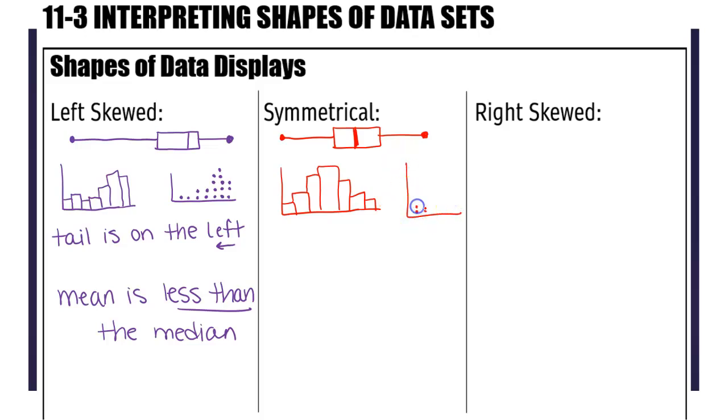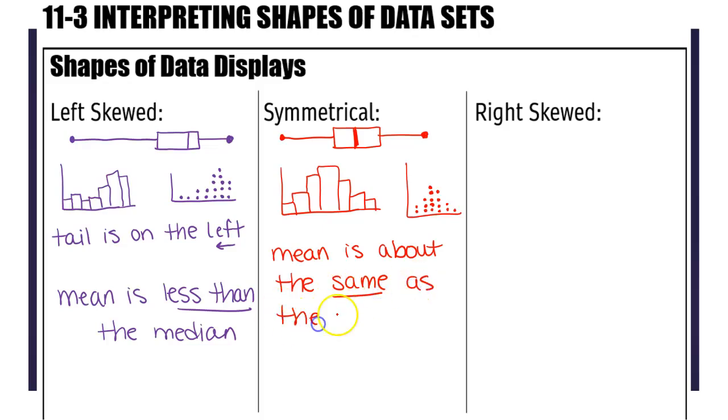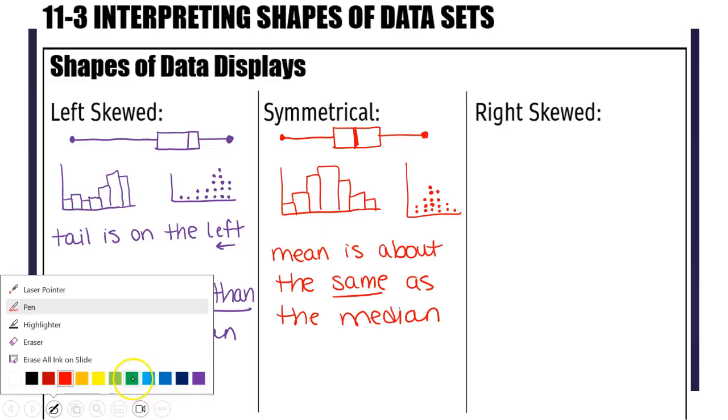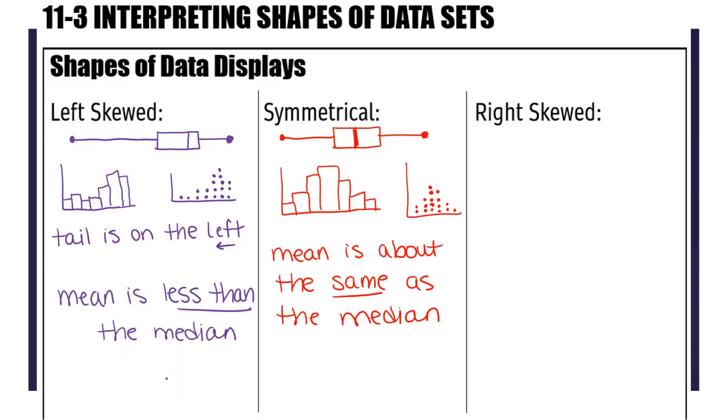And similarly, in a dot plot, you'll notice that you get a higher amount in the middle and then it lowers on the ends. Okay, this is what we call symmetrical. When we have something that is symmetrical, the mean is about the same as the median. Okay, it might be a little bit above or a little bit below, depending upon exactly where that data is located, but it's about the same.